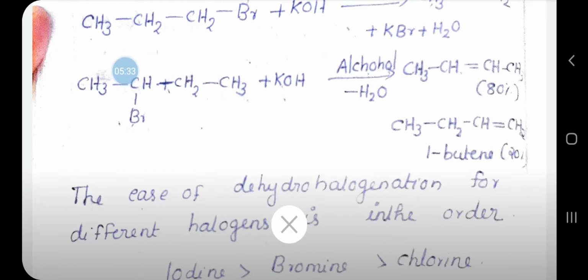So this product, with Br from here and hydrogen from here and a double bond between the CH3CH or CH2CH group, will be less preferred here, and the major product will have a double bond between CH and CH, or the double bond will be symmetrical in the product.